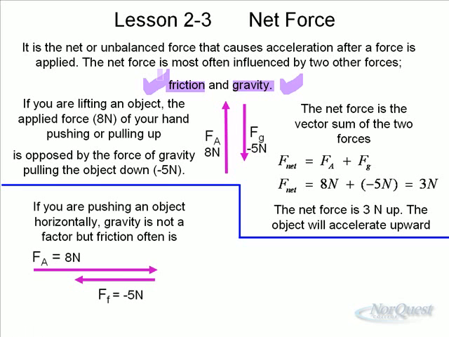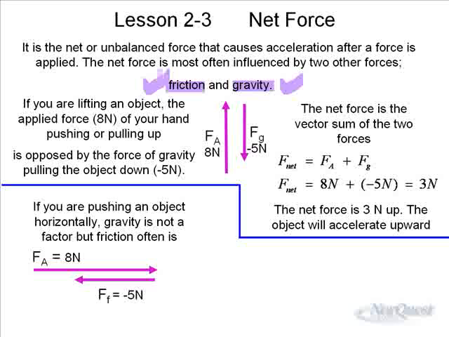Let's say we did the same scenario. Let's say we applied a force of 8 newtons to the right, and yet because of the interaction between the two surfaces, let's say a book sliding against a table, there is a force of 5 newtons that opposes your motion, and so we would say that the frictional force is negative 5.